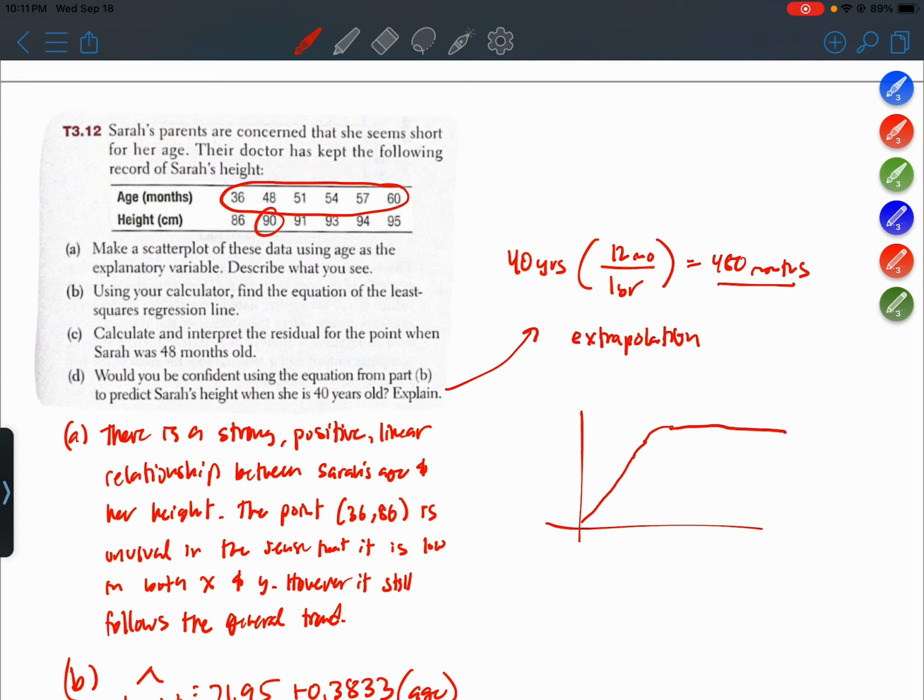Your height plateaus. We might be able to use the model in her child and teenage years, but in adulthood she's not going to keep growing at the same rate that she grew as a child. So I would not try to make that prediction.